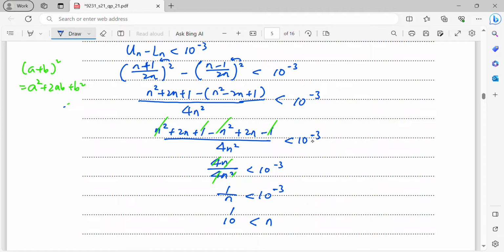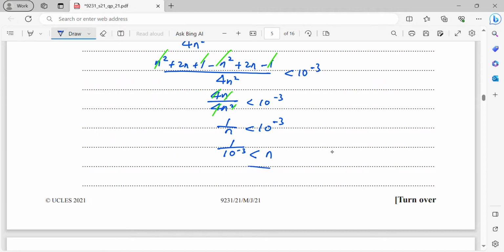So I read from the right side to the left side, which means n is greater than 10 power 3. 10 power 3 is basically 1000. Therefore my least n is 1001. So that's the solution of this question.